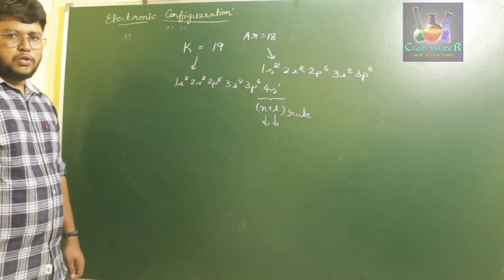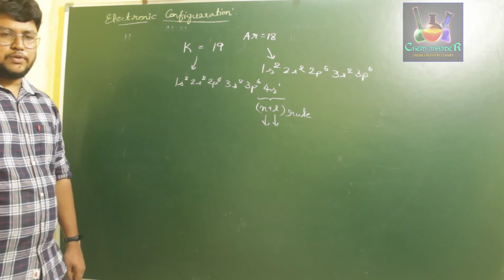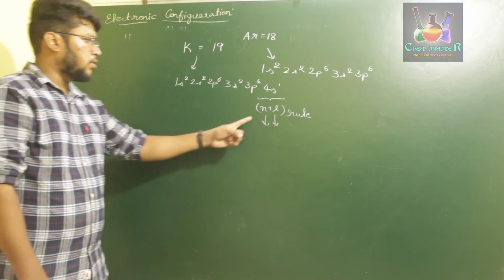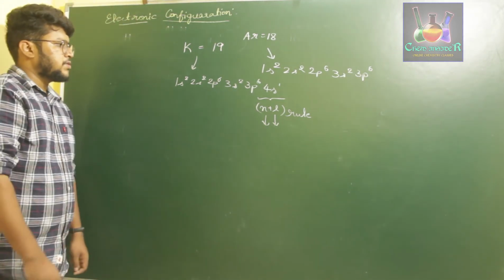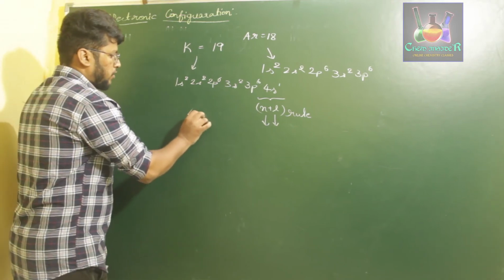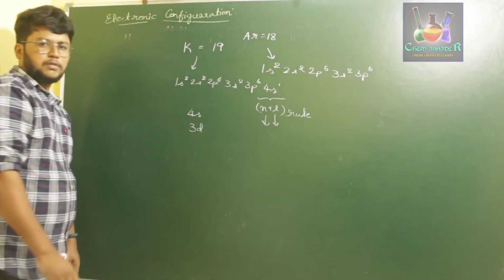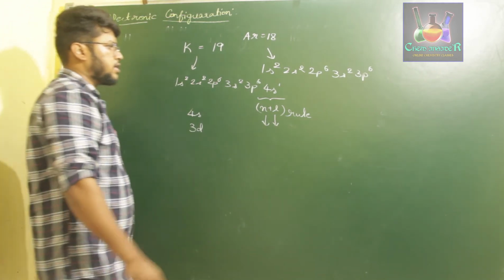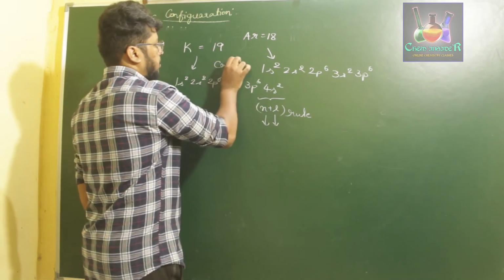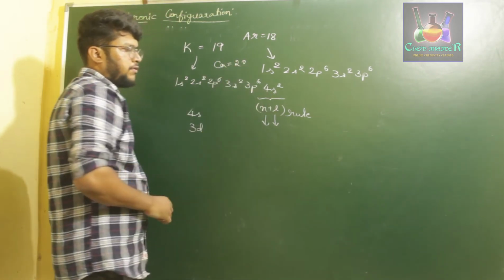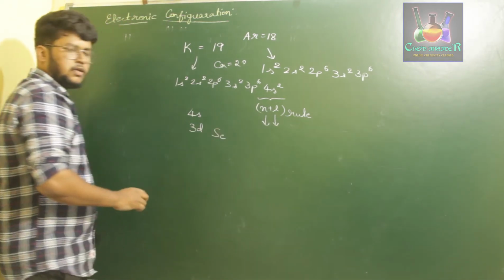According to the n plus l rule, electrons have to be filled in increasing order of n plus l values. n plus l is nothing but the principal quantum number plus the azimuthal quantum number, which we discussed in the previous class. So clearly 4s comes before 3d, and therefore we write 4s first. Once 4s is completely filled with 2 electrons, as in calcium with atomic number 20, the next one is scandium.